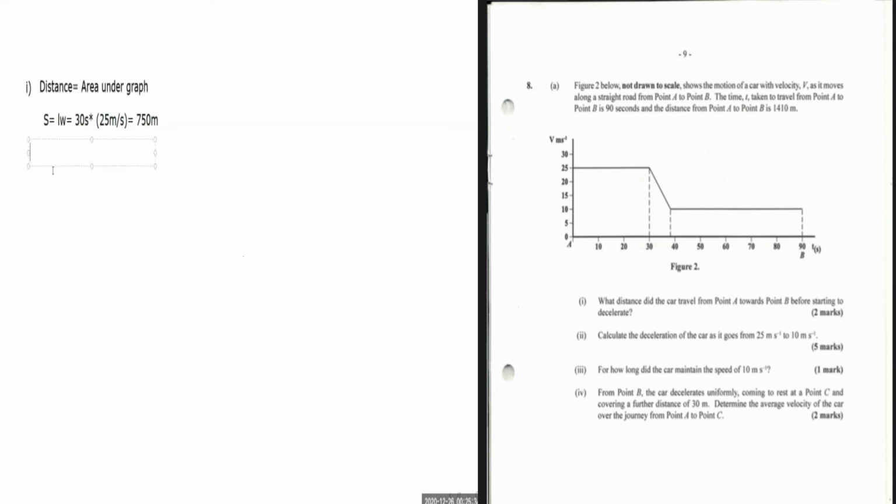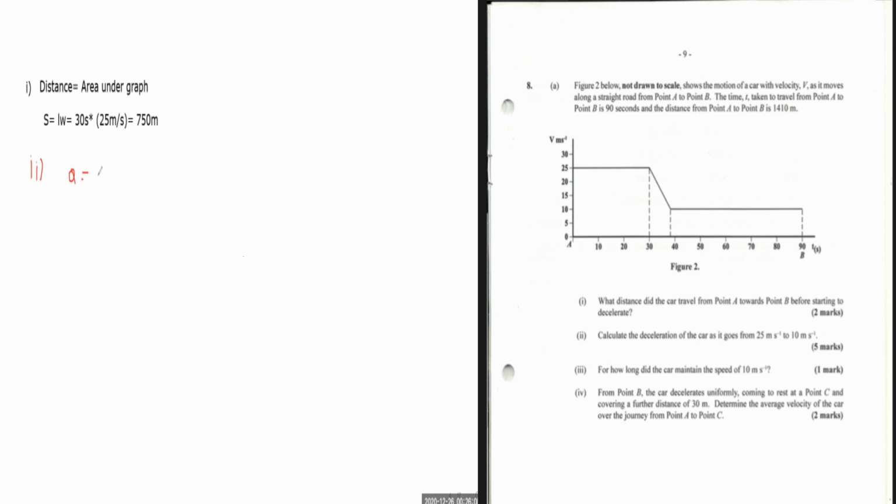That's part 1. Part 2 says calculate the deceleration of the car as it goes from 25 to 10. Now, deceleration is negative acceleration.